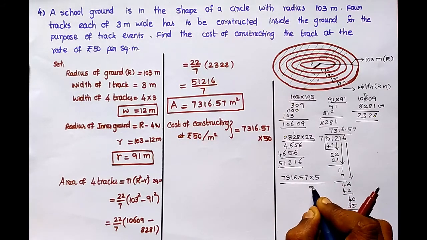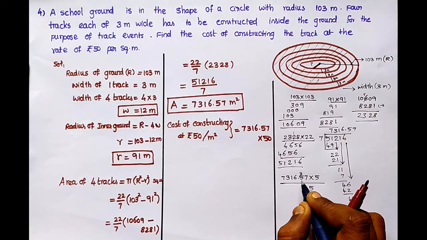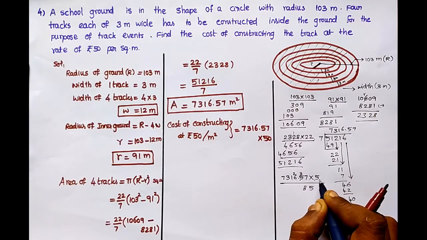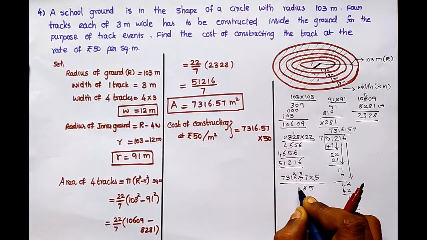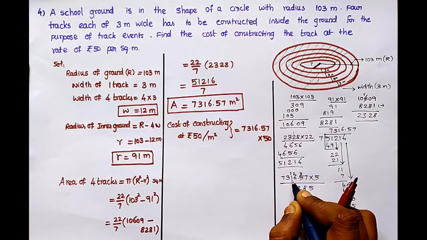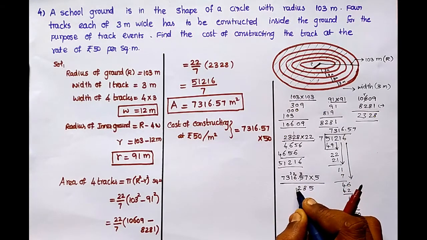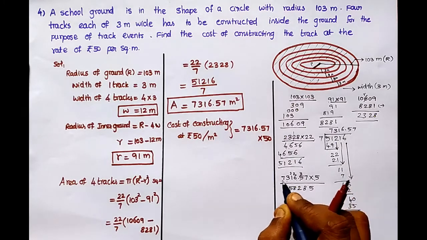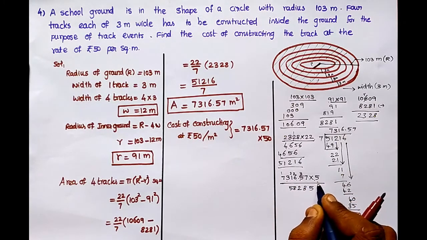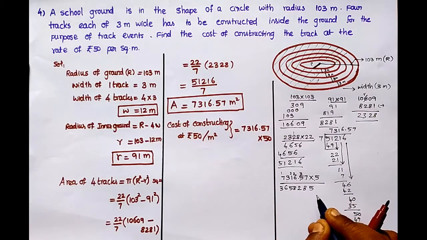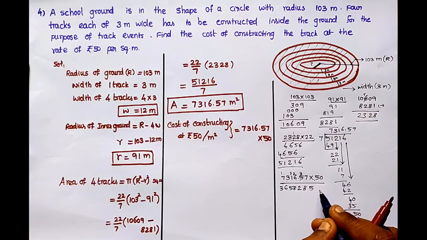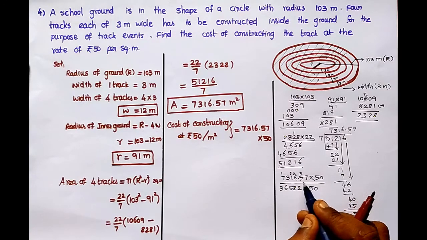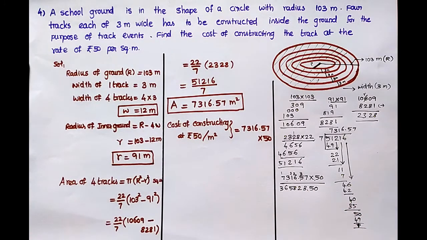7 5s are 35. Carry over 3. 5 5s are 25 plus 3, 28. 6 5s are 30 plus 2, 32. Carry over 3. 1 5 is 5 plus 3, 8. 3 5s are 15. Carry over 1. 7 5s are 35, 36. So here 0 means here also put 0. Before 2 digits we have to keep the point.